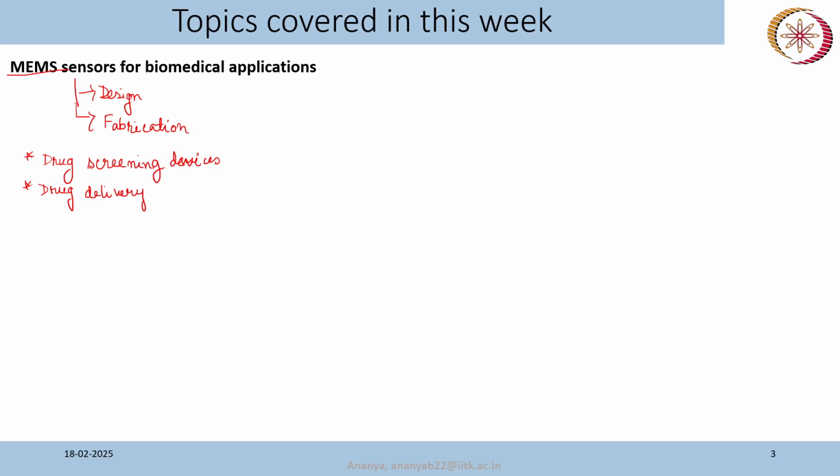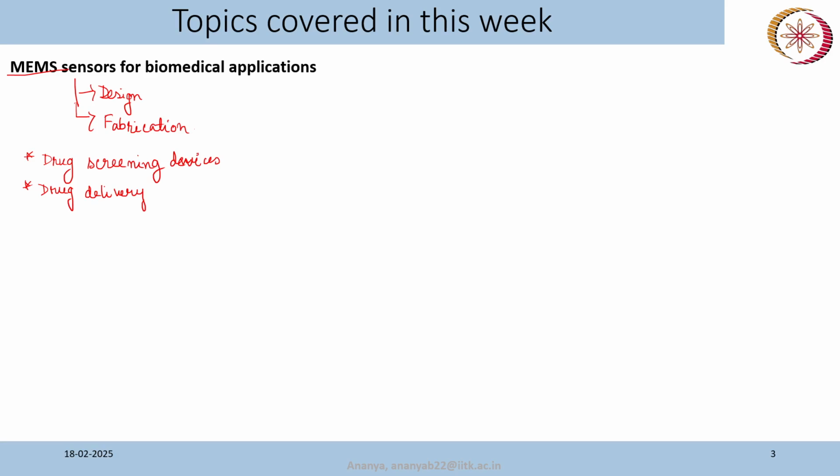So for that, many small devices, small sensors and actuators are used for precise drug delivery. These sensors and actuators will be in micro and nano dimensions. So these are very small, so that the efficiency of the drug improves, and it will be targeted delivery, so that it can kill a particular target.